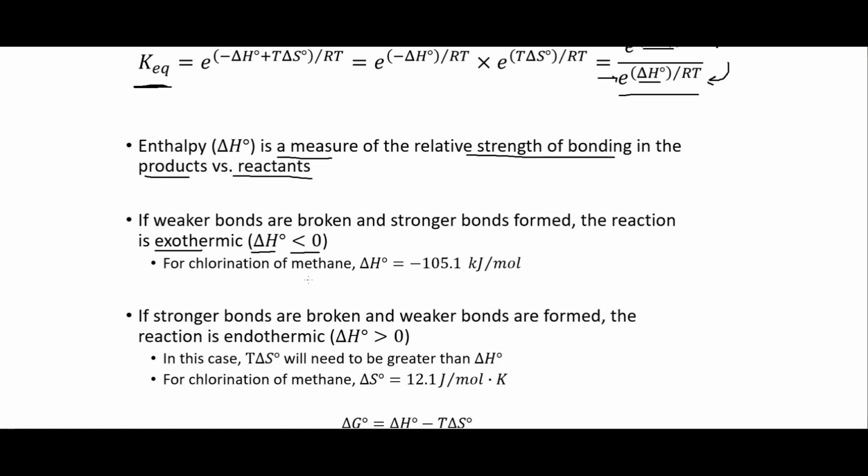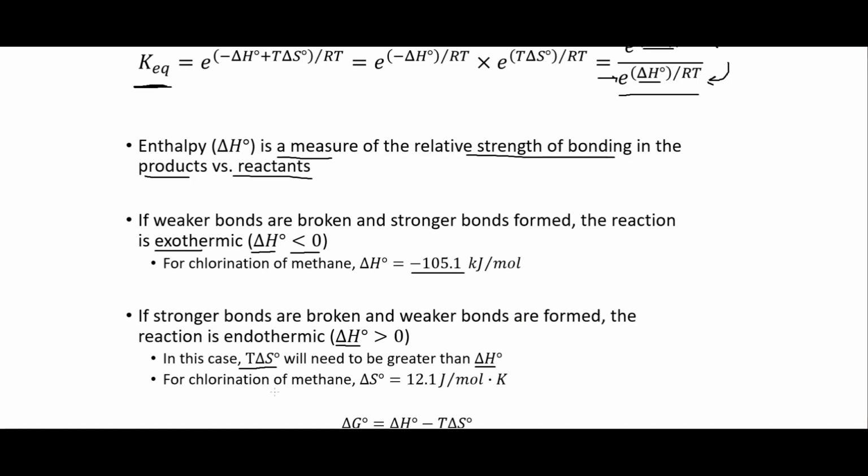And so for chlorination of methane, the delta H is negative 105.1 kilojoules per mole. And so if stronger bonds are broken and weaker bonds are formed, the reaction is endothermic, so our delta H is positive. And in that case, then our T, our temperature times the change in entropy, will have to be greater than our change in enthalpy.